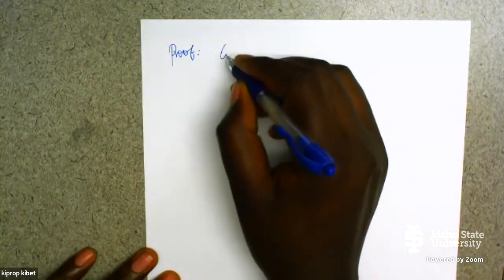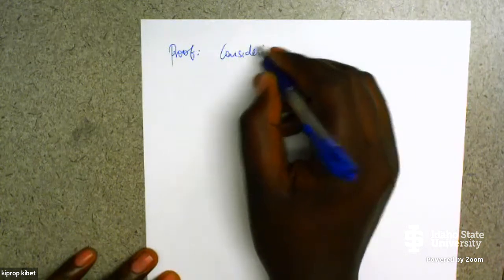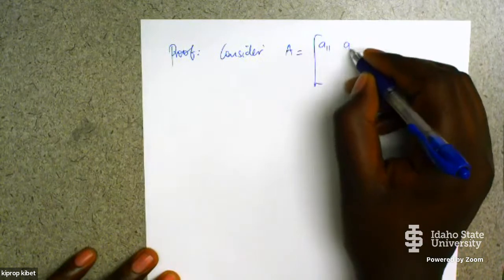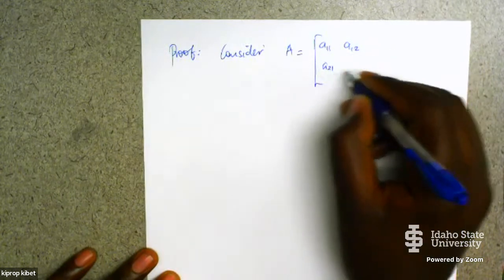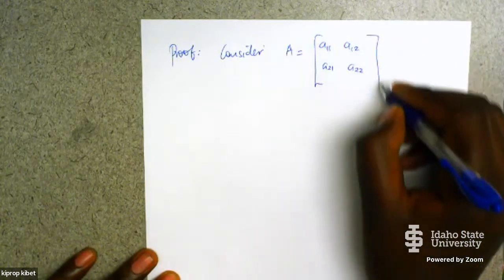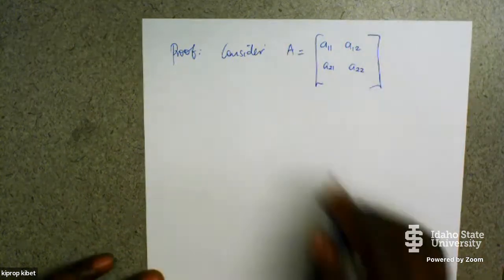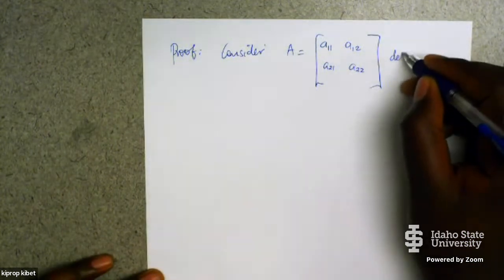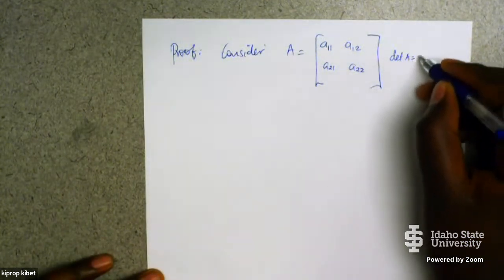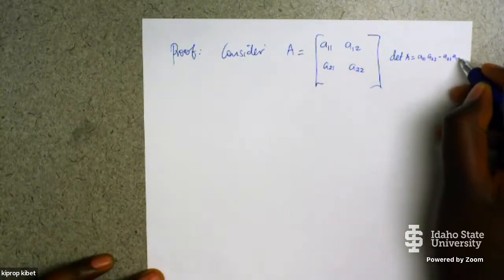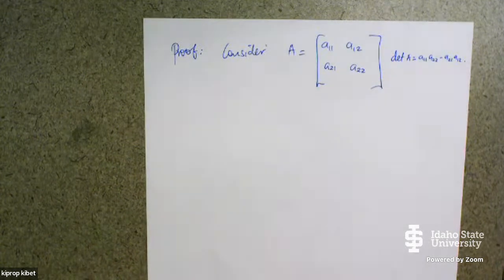If we consider A to be A11, A12, A21, A22, then the determinant of A in this case is equal to A11 A22 minus A21 A12. Okay, if we start from that.